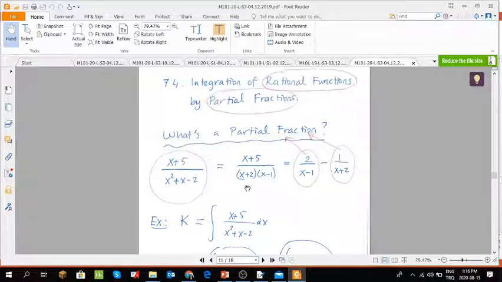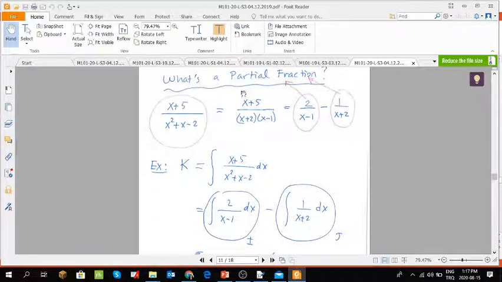The denominator can be factored into two factors, x plus 2 and x minus 1. Then we want to express this as sums or differences of partial fractions like that. How would you do it? There's a method, and we just described roughly how to do that.